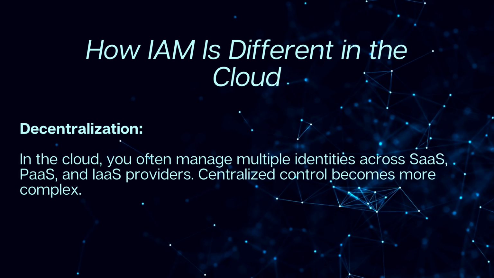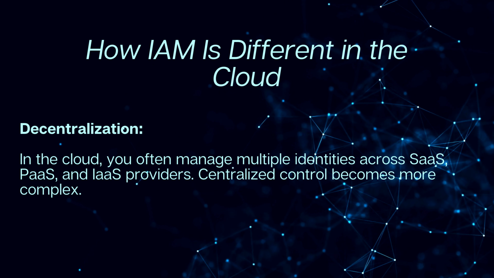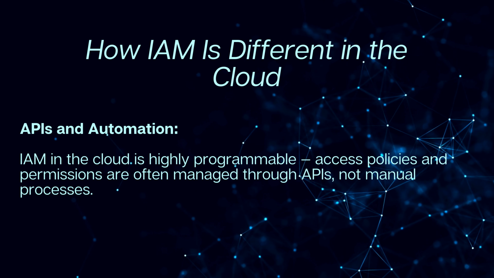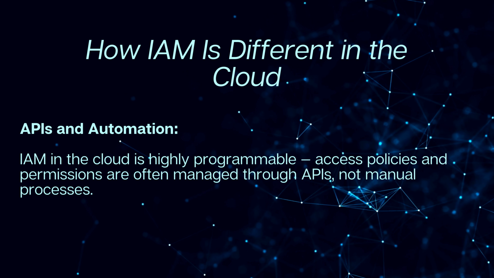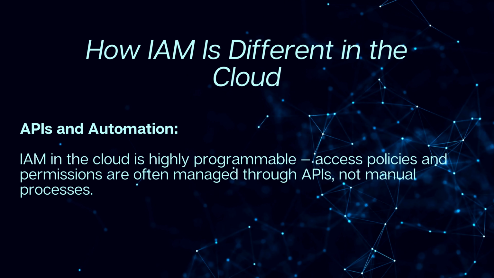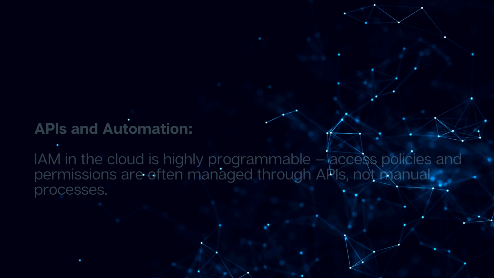Centralized control becomes more complex. API and automation. IAM in the cloud is highly programmable. Access policies and permissions are often managed through APIs, not manual processes.